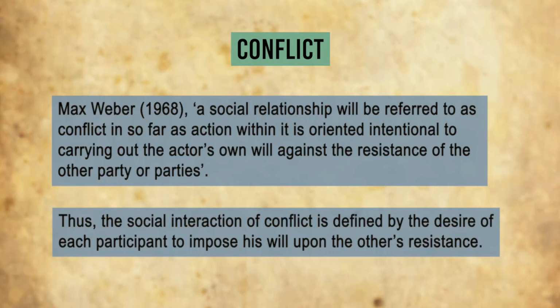So he calls it a social relationship, where one actor is acting on its own will and the other actor who is interacting is against and keeps resisting. Thus, the social interaction of conflict is defined by the desire of each participant to impose his will upon the other's resistance. So, there is this imposition, force, coercion, which comes into the picture.